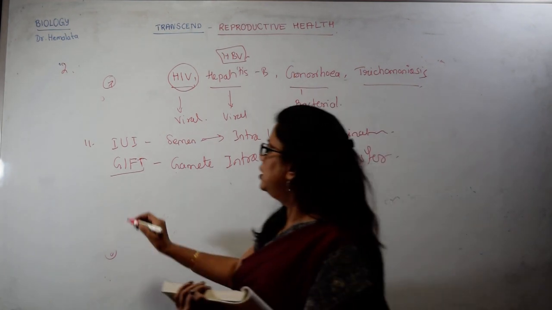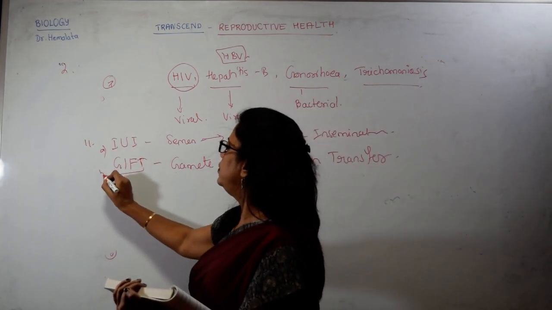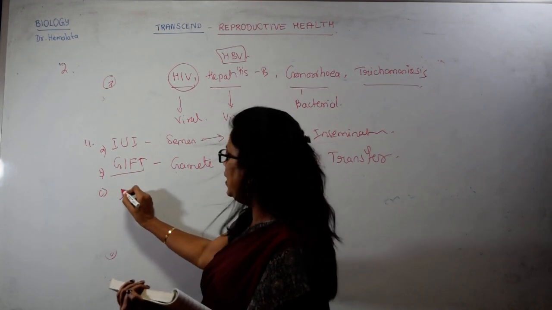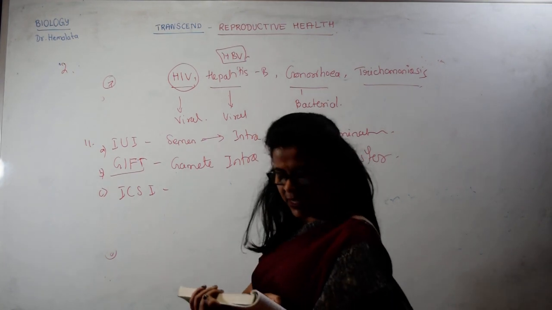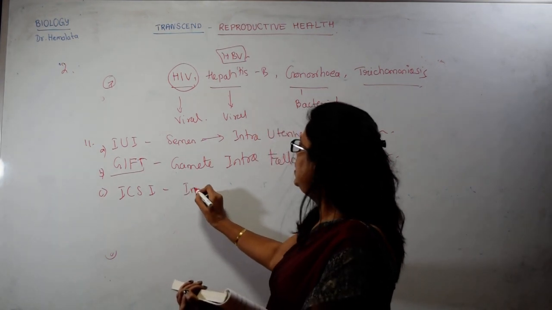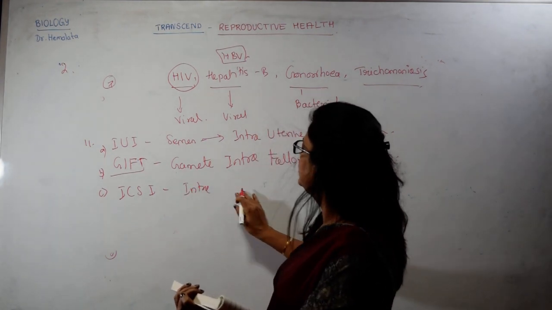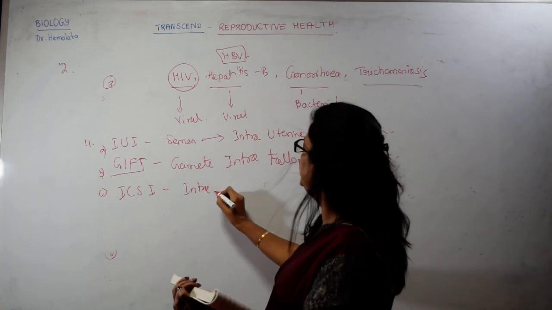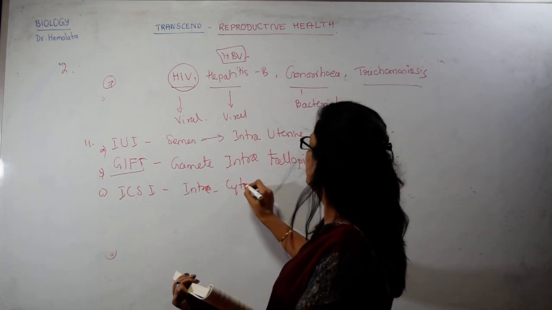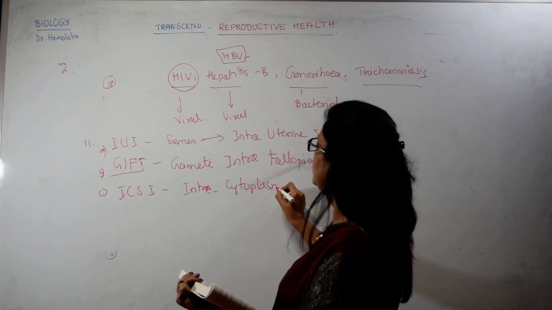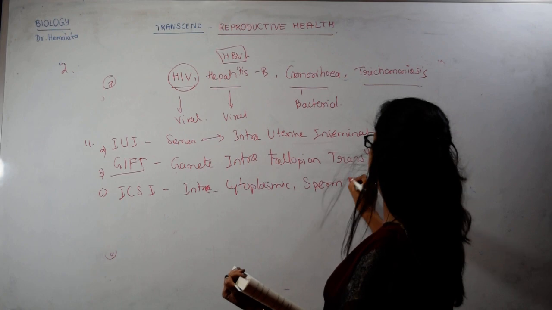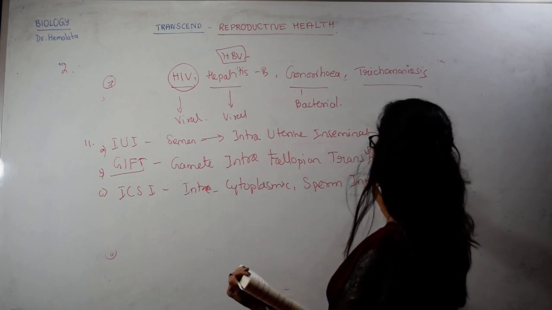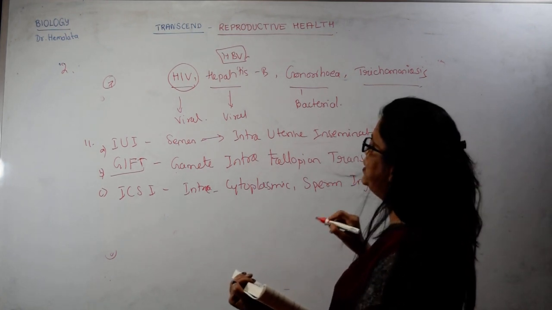Next is the third one given. This is A, this is B, C is given as ICSI. See, in this you get knowledge also. ICSI is nothing but intracytoplasmic sperm injection. That's the total meaning of ICSI.